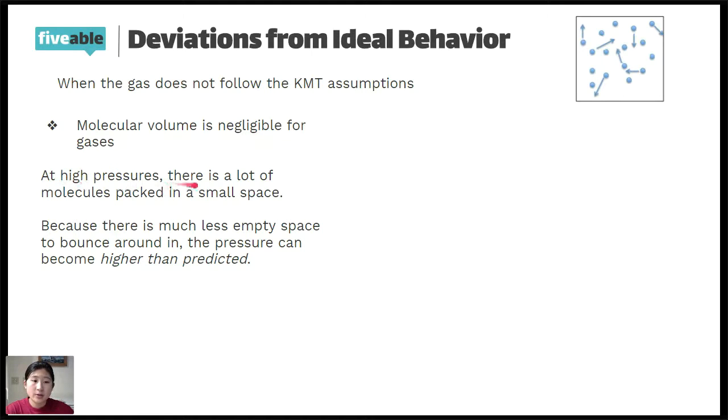However, at high pressures, there are a lot of molecules packed in a small space. That's how I like to think of high pressures, because there is so much less empty space to bounce around in. The pressure can become higher than predicted. That is sometimes because the gas molecules start clumping together, they have intermolecular forces, and that interferes with their paths.